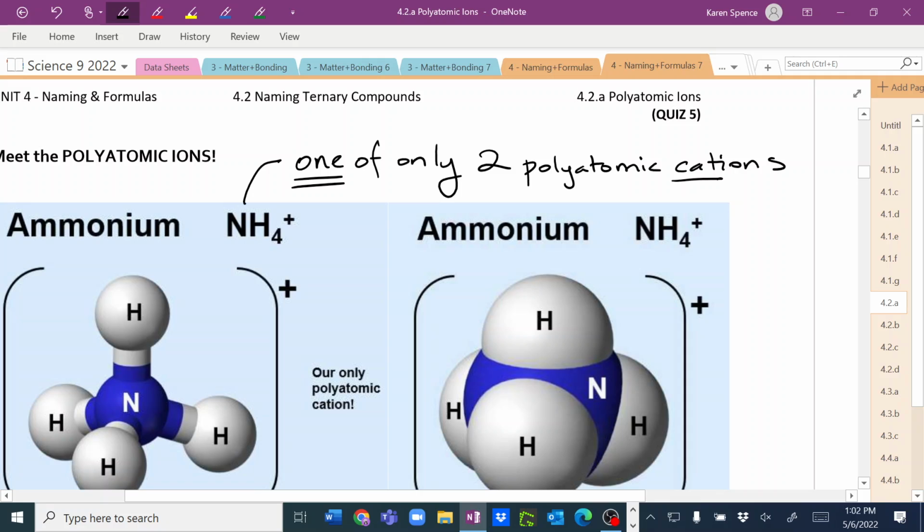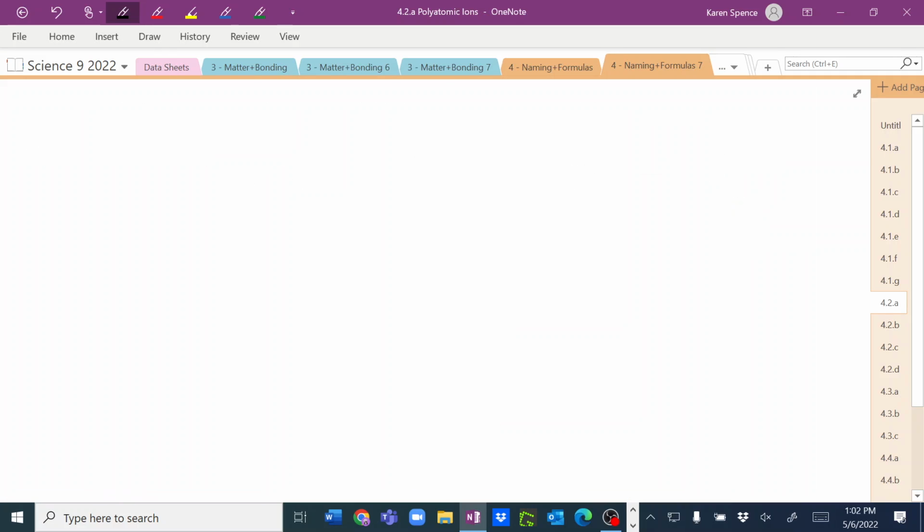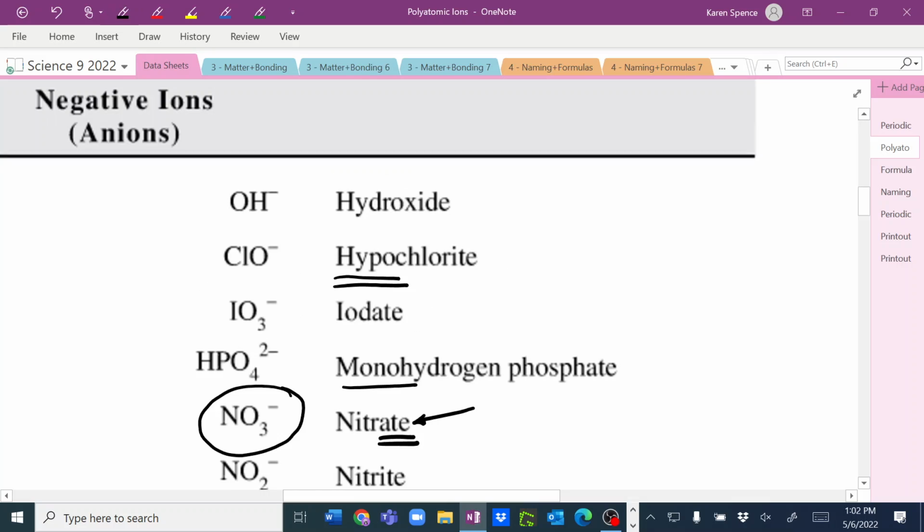And what is the charge of a cation? A cation is a what kind of ion? Positive ion. I would like you to look on your pink sheet and tell me who is the only other positive polyatomic ion? Mercury. Okay.